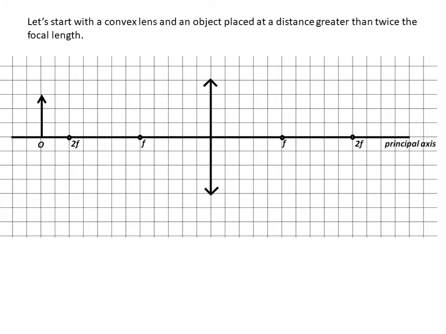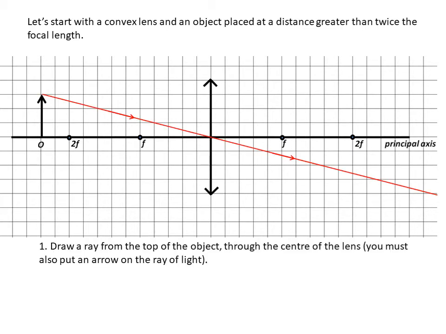And here's the first one. Draw a ray from the top of the object straight through the center of the lens, the point at which it crosses over the principal axis. That's the easy one, and that works with every ray diagram.